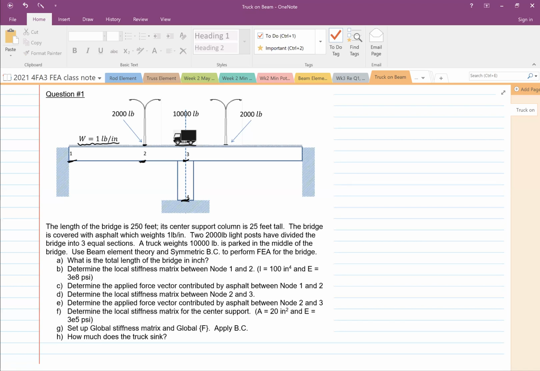Then I can find out we have 3 elements. This is a beam. It's also a beam. And also the whole model is a full column, but now because of the symmetric boundary condition, it is a half spring.